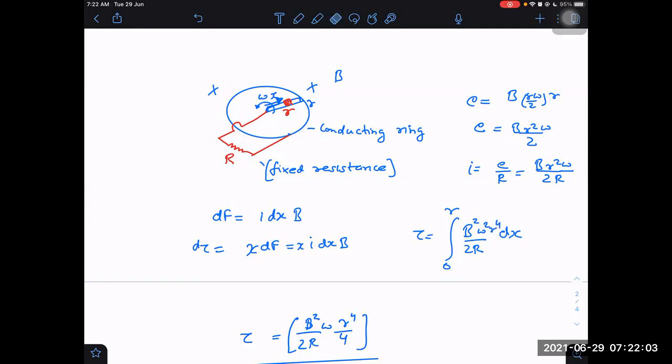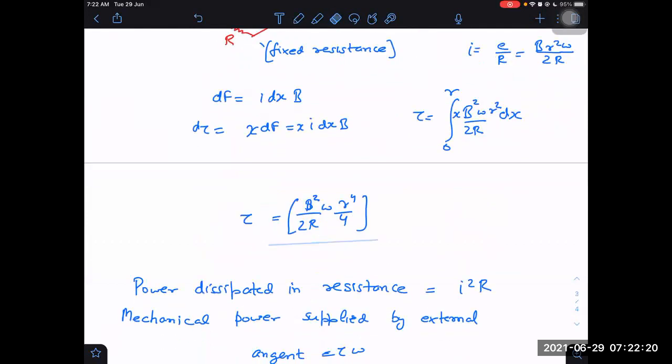Wait a second, what was it now? B I, b is there, r is I think squared only here, sir. And x into dx appearing, that only. Yes, sir.